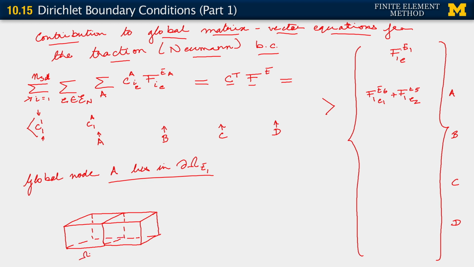Again we have omega E1, omega E2, and I'd label those nodes as A, B, C, and D. What I'm saying now is that let us suppose that these surfaces, the front surfaces of both the elements, belong to partial omega T bar.